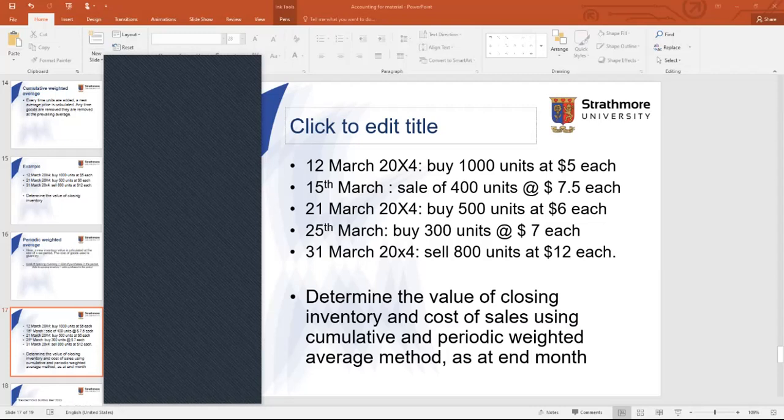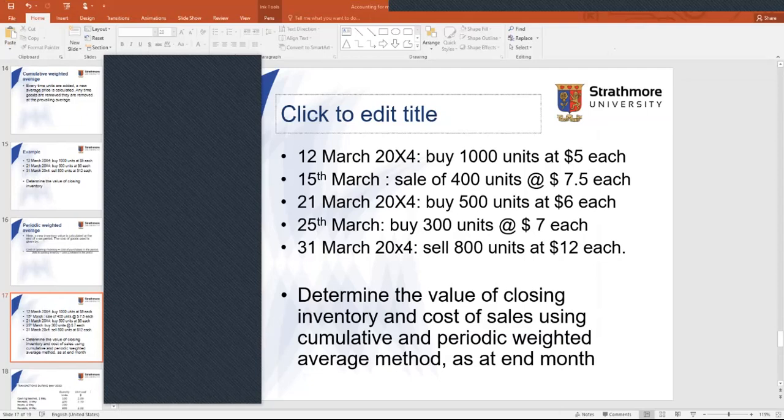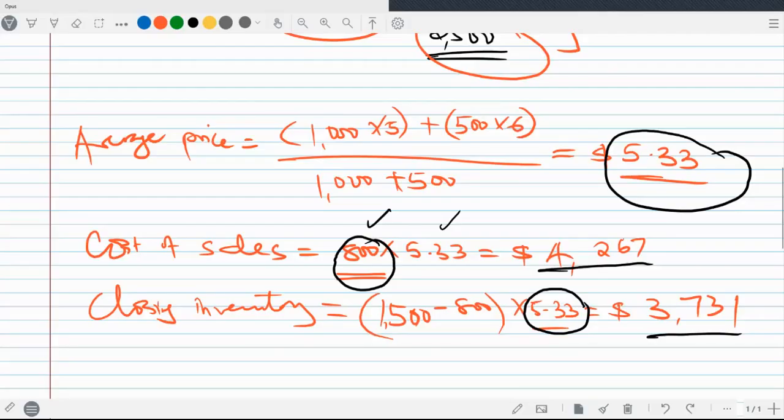3366. Okay, let me just open my working area. So let's do this. It'll be the cumulative method, and here you have the periodic method.